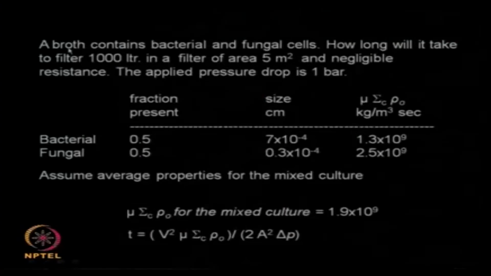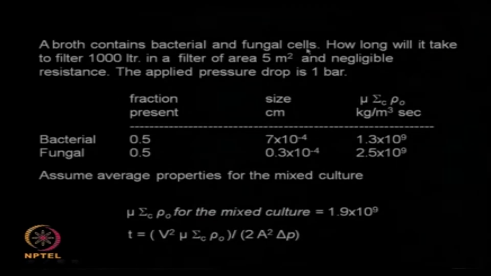Now you consider a broth which contains bacterial and fungal cells. Now you want to know how long it will take to filter 1000 liters of a broth in a filter of area 5 meter square, and we assume that the filter medium does not offer any resistance and you are applying 1 bar pressure.